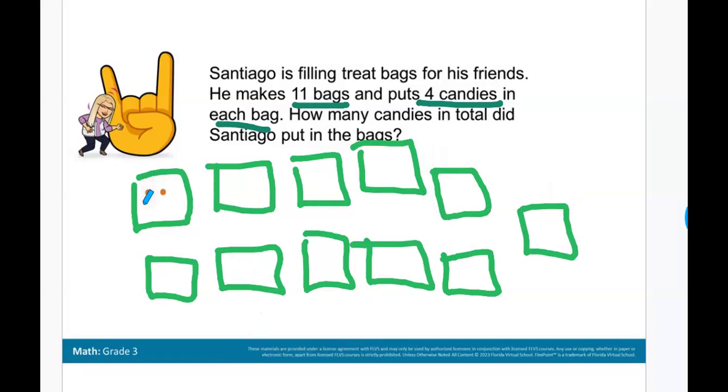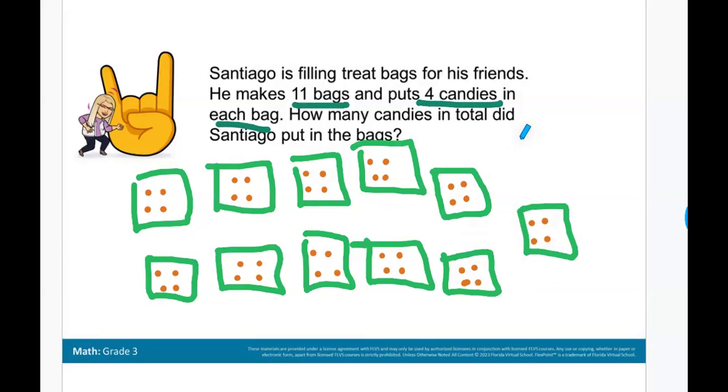So there's 1, 2, 3, 4 candies there. 5, 6, 7, 8, 9, 10, 11, 12, and so on, up to 44.